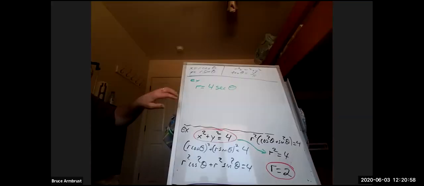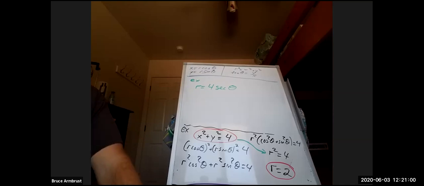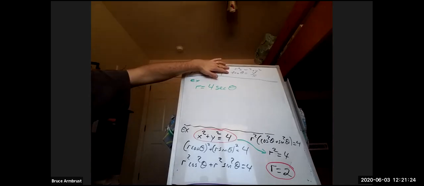Okay, so let's jump back to this one. So we're going to have r equals 4 times secant of theta. All right, so going the other direction is definitely more complicated. Because think about this. I don't have something that just says r equals.